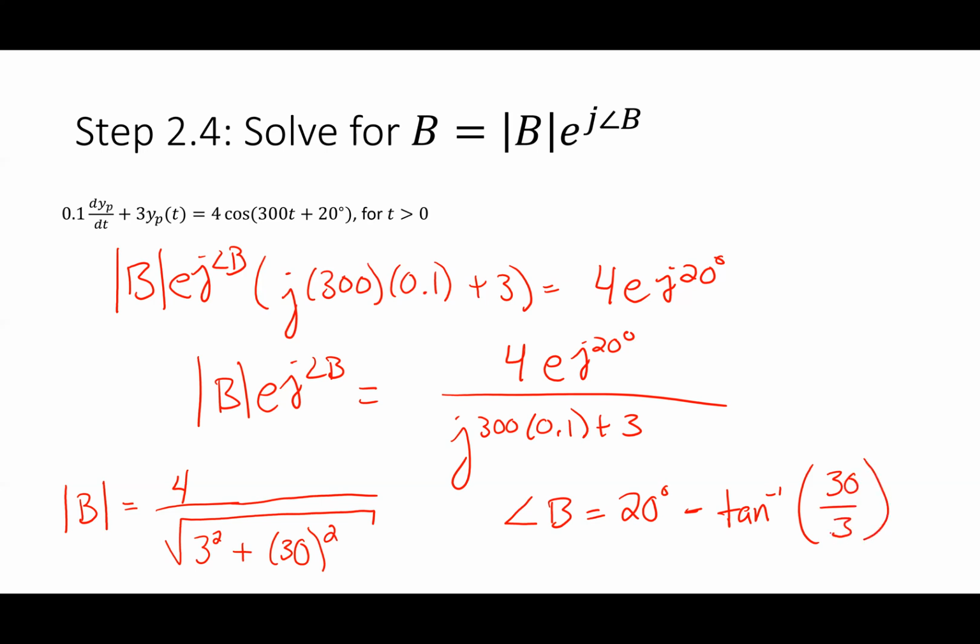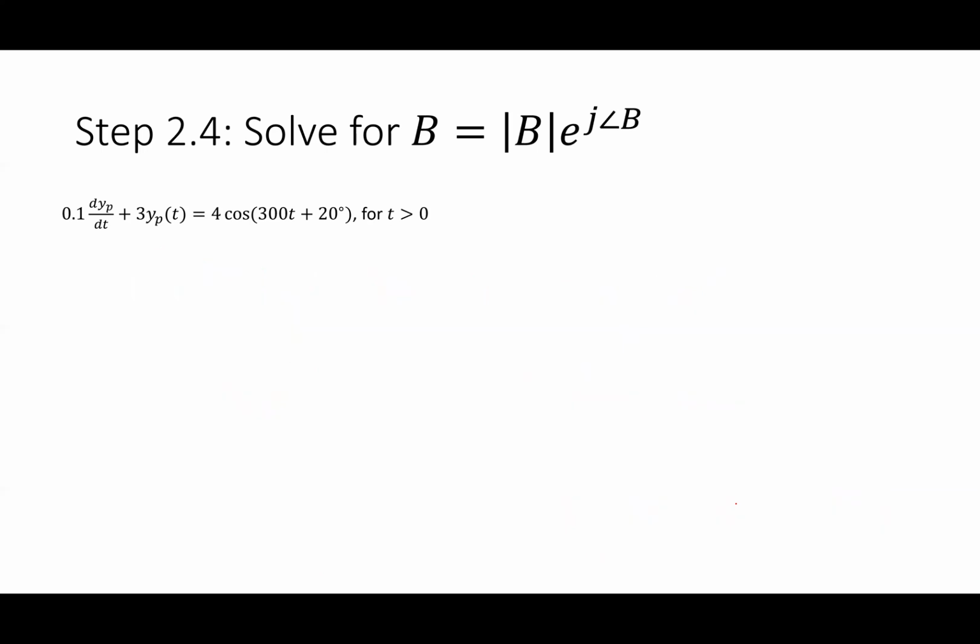So I solve all that, and I'm going to get some numbers. For the magnitude of B, I'm going to get 0.1327. And for the angle, I'm going to get negative 64.2894 degrees.